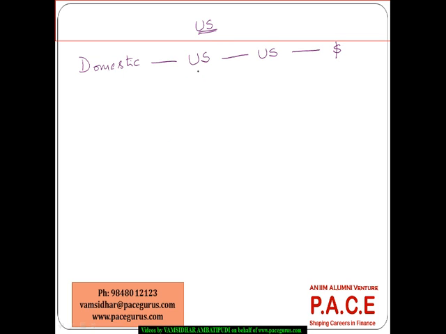So we are talking of a US incorporated firm, a registered firm in the US, issuing bonds in the US and in the currency of the US, which is the dollar. These kinds of bonds are called domestic bonds.